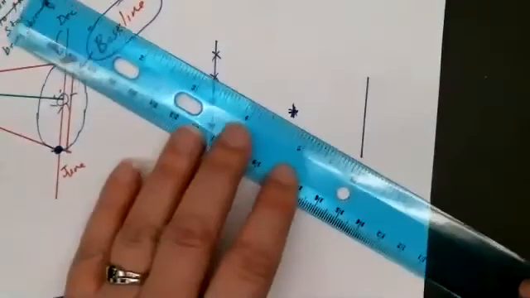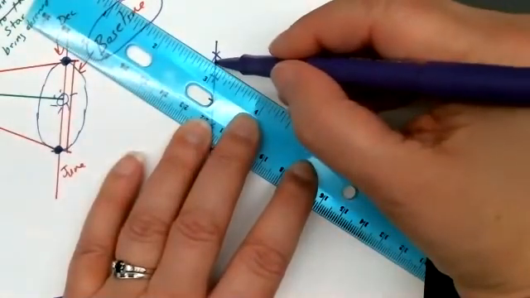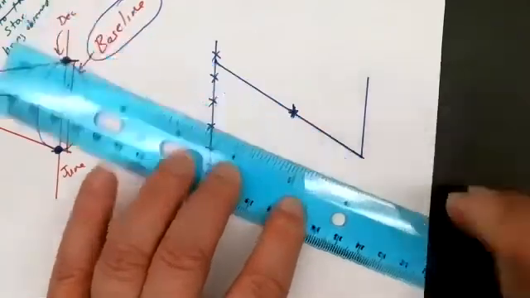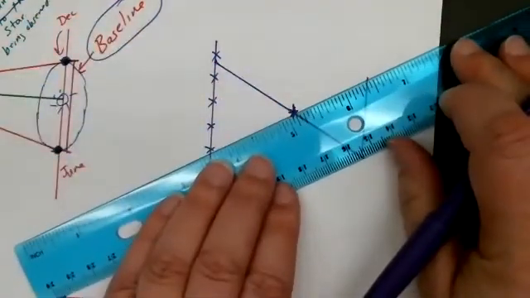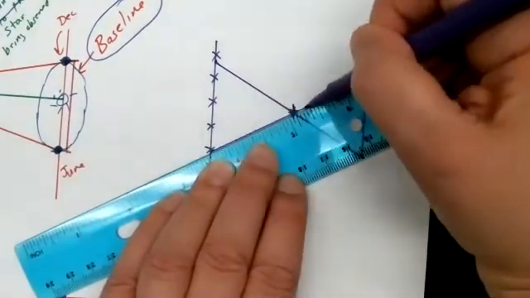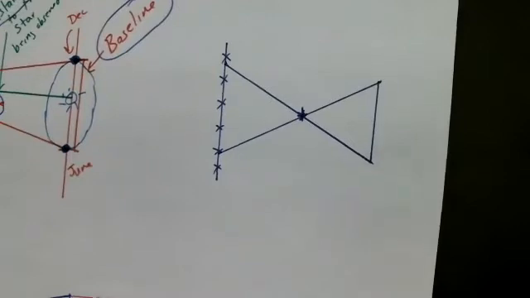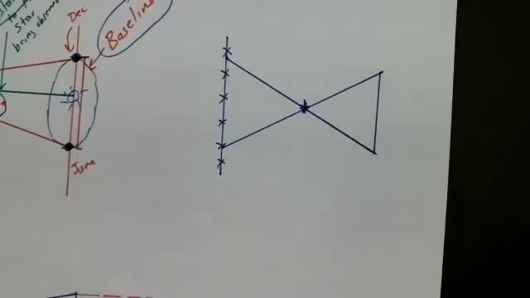Here's my baseline. There's my initial parallax. All right, that's my starting point.